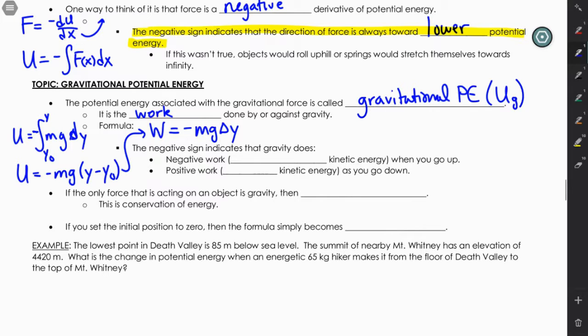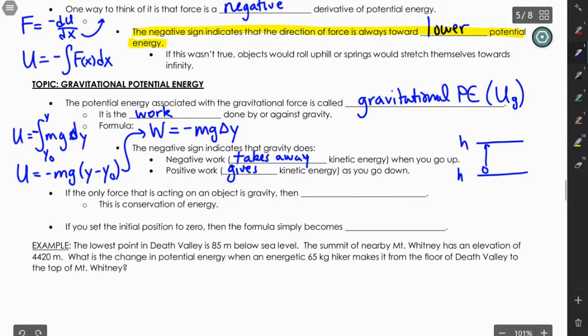Now, what happens with the negative sign? Negative work, remember, takes away from the kinetic energy, and that's what happens when you go up. Positive work adds kinetic energy, and that's going to happen as you go down. If I lift something up to a height, I'm taking away from its potential energy, because remember, force always wants to go to lower potential energy.